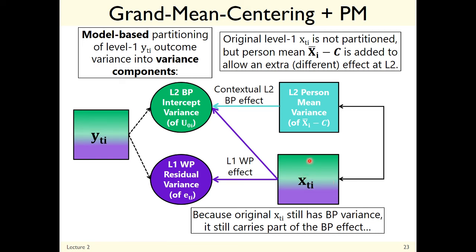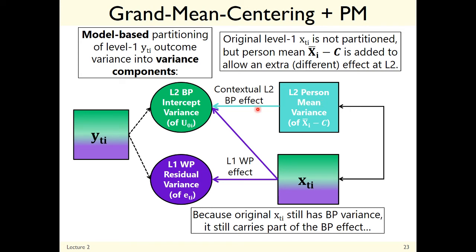So we started off with all of the variance here in time varying X, level 1 and level 2, and we gave it one effect that was supposed to do the job of both, the smushed effect. We then added a level 2 person mean covariate that picks up the remainder of what it should have to get to the full level 2 effect. So the part that was extrapolable from the day is down here, and the person mean variable picks up the extra.